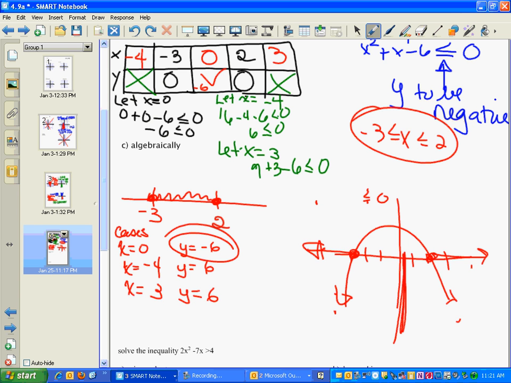Okay? And remember, this inequality said that my answers had to be negative. Right? And the only way I got a negative value was when x was 0, which tells me I have to stay in between my two zeros. And so I get x falls between and includes 2 and -3.